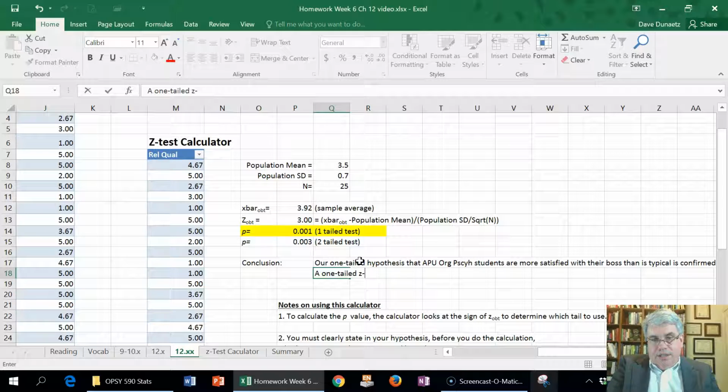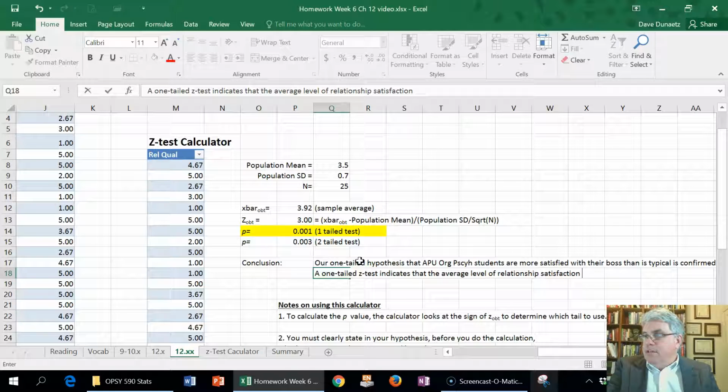A one-tailed z-test indicates that the average level of relationship satisfaction of APU, we don't want to make it ambiguous, APU org psych students.